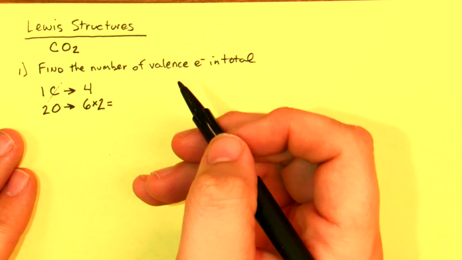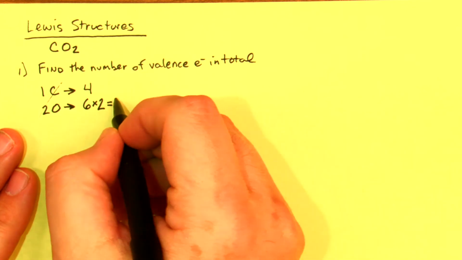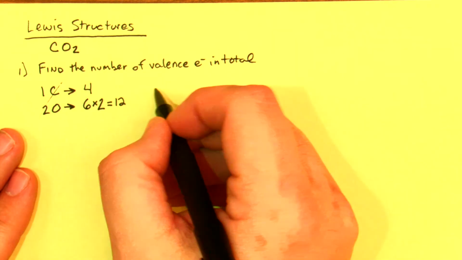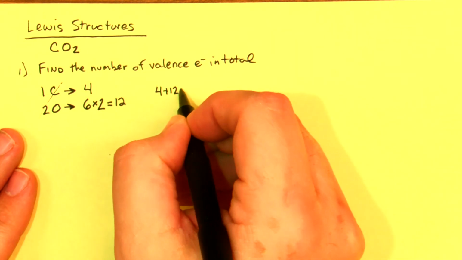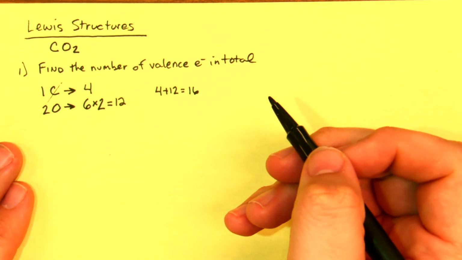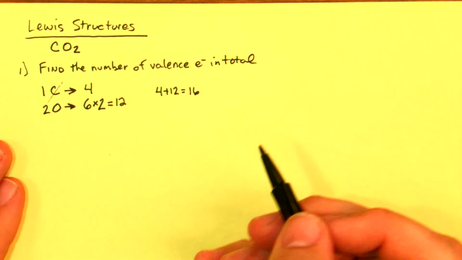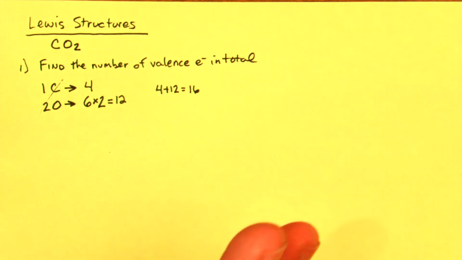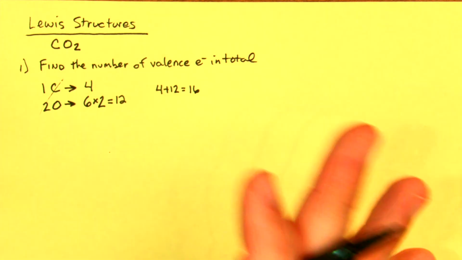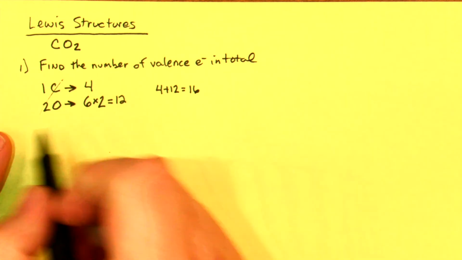Yeah, because there's 2 oxygens. So there's 12 there, and what you do is you take the 4 plus the 12, and we get 16. So what you do is you take all the valence electrons that are available to you and add them all up. That's your first step.